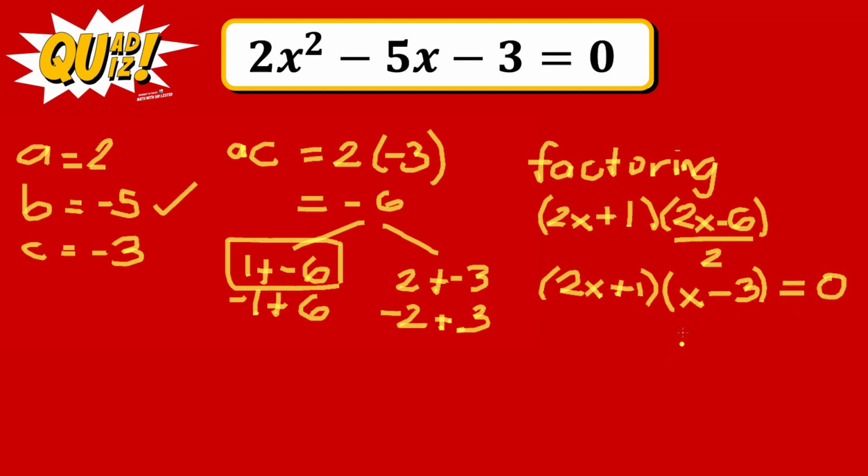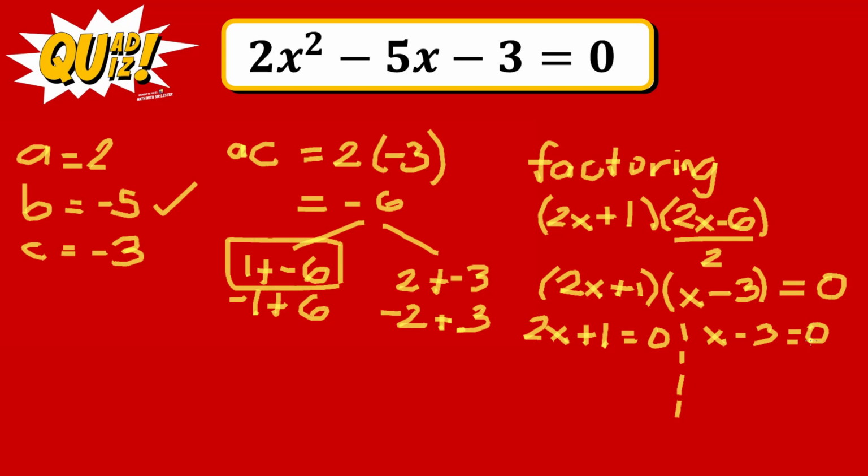Equate it to 0 because our goal here is not just the factors, but more specifically the roots. And we are going to apply here the zero factor property or the zero product property, which tells us that this situation is only true if one or both factors is equal to 0.